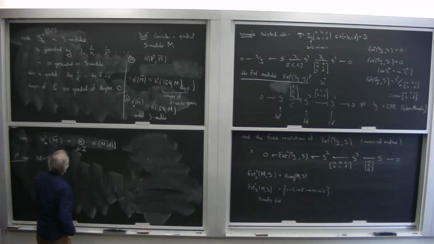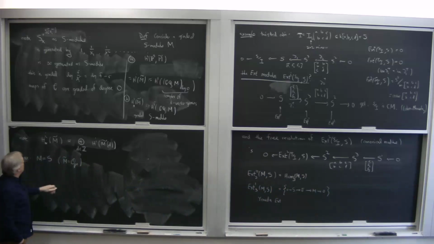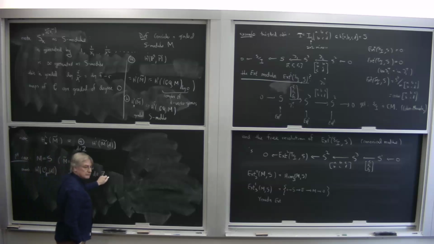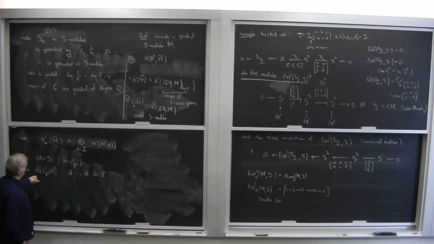In other words, m tilde is equal to O of P^n. Okay, and then that means that we want H^i of O_{P^n} maybe twisted by some d for all i and all d. Okay, this is what we would like to compute. And this is something Serre did.